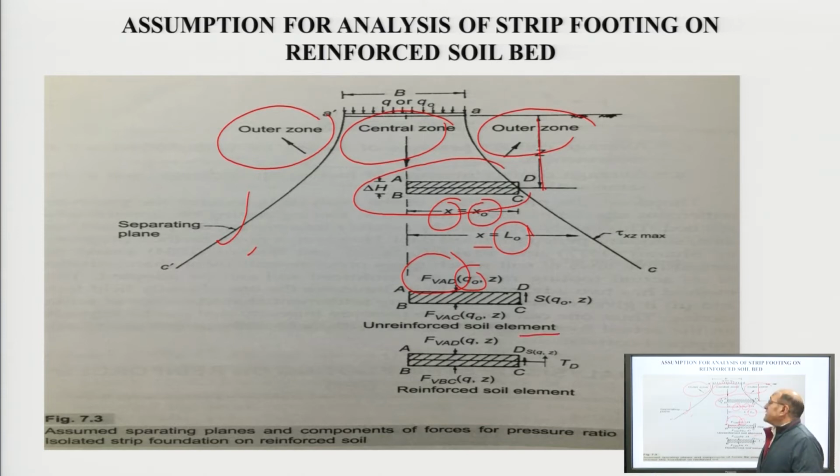Another force is acting upward, that is V BC, which depends upon Q0 and Z, and this will act in the upward direction. Apart from this, one shear force will also act upward, that depends upon Q0 into Z.